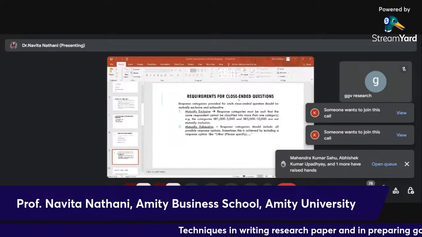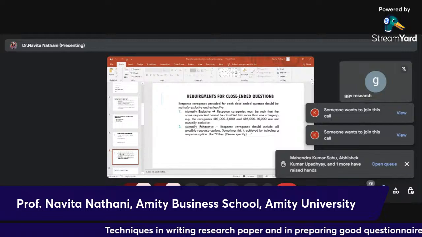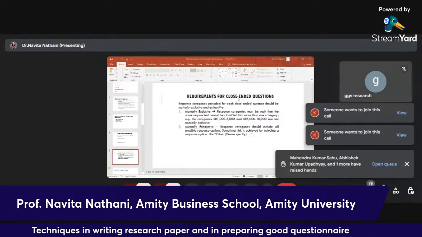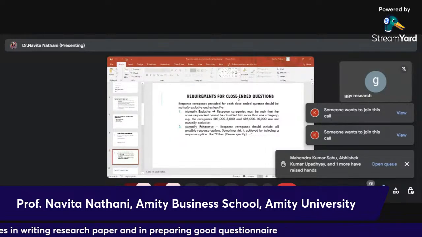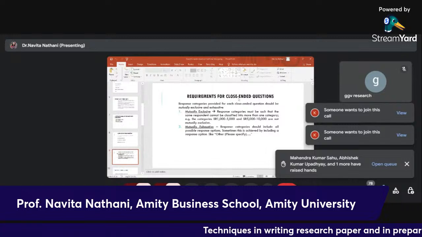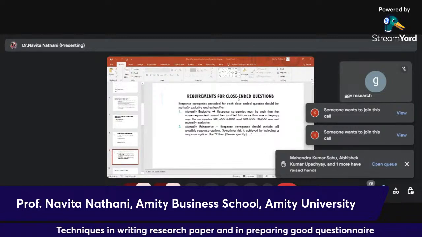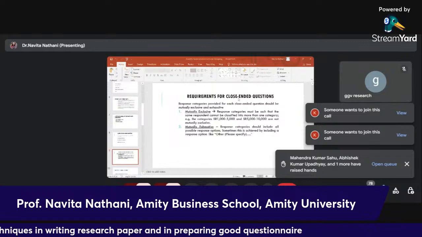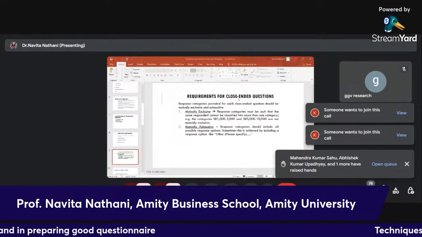So these are not mutually exclusive, because those who are exactly on 5,000, whether they would come in the first category or in the second category. So very very important to understand that, इसीलिए pilot study करते हैं, so that you can understand the loopholes of your question. Then in this case you can easily understand how you would ask these things.